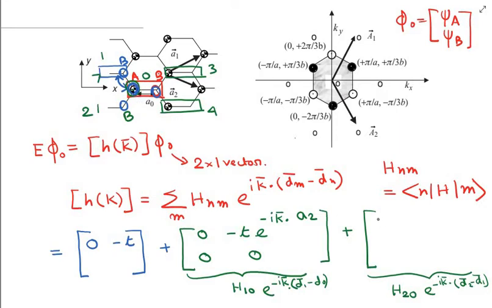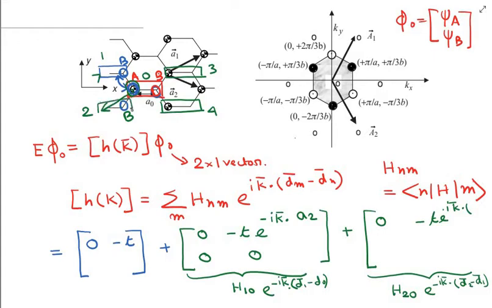So this is atom B, and this atom A of this unit cell is coupled to atom B over here. Okay, so we have this as 0 minus t e to the power ik dot d2 minus d1. So d2 minus d1 is basically this vector, sorry, this vector over here.